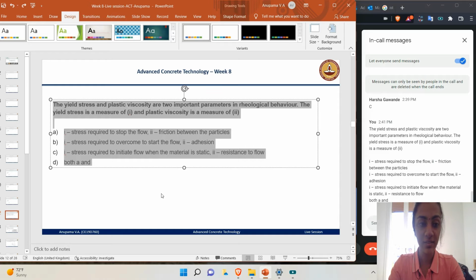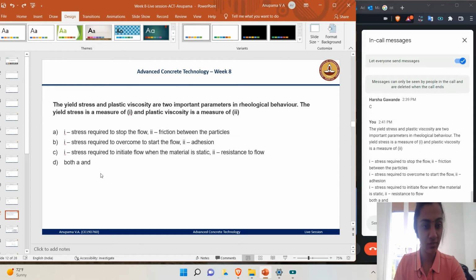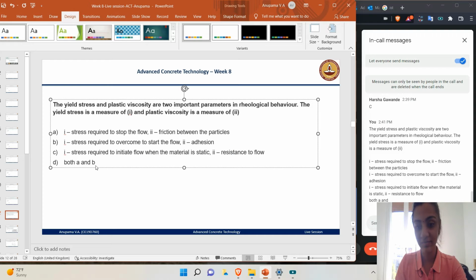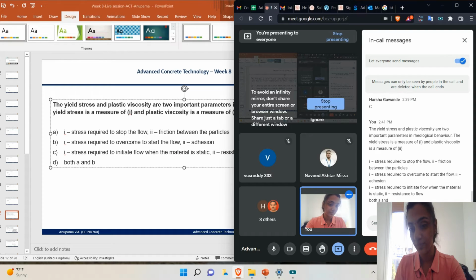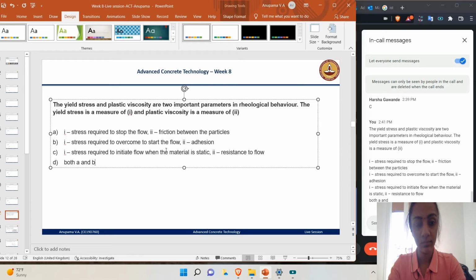Third option states 1 is the stress required to initiate the flow when the material is static, and 2 is resistance to flow. Now, option D states both A and B. Sorry, B is also there. Both A and B.